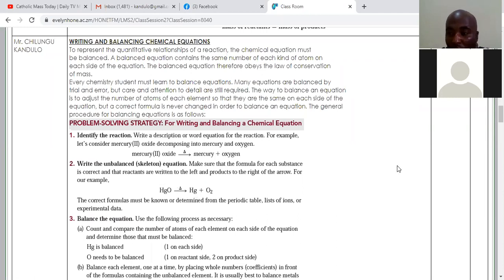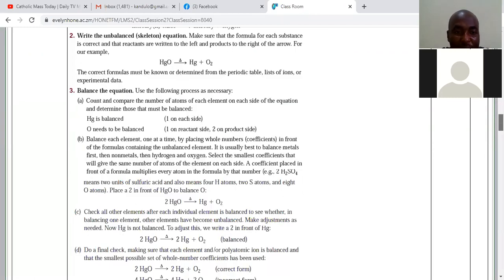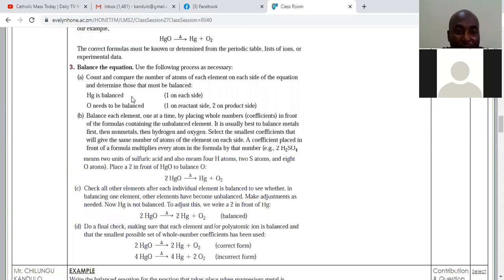Then we'll count the numbers of atoms to say there is one of mercury on each side, but the oxygen has to be balanced because there's one on one side and two on the other side. So how do you balance?